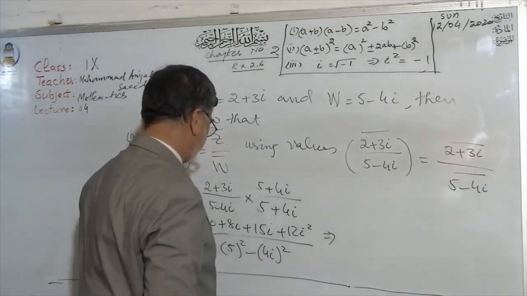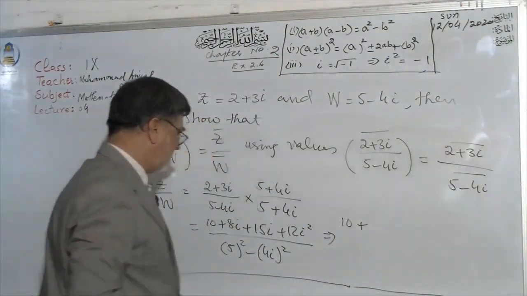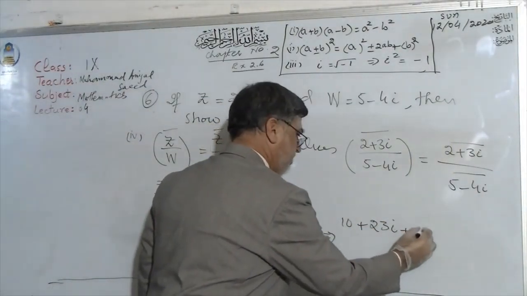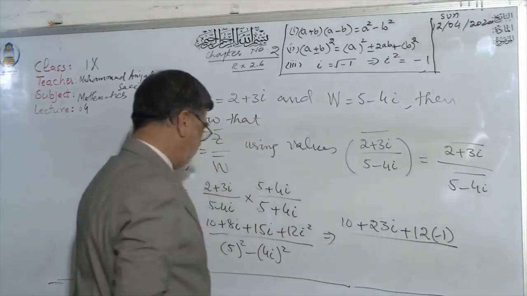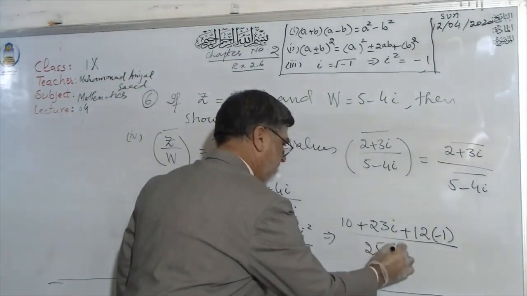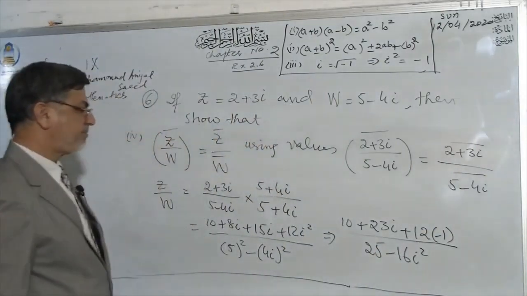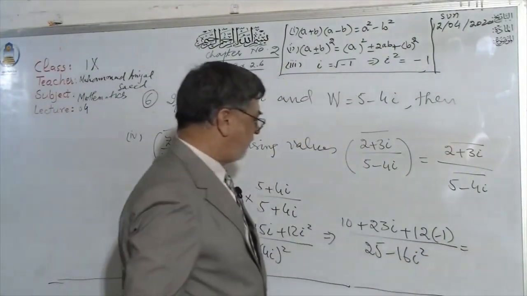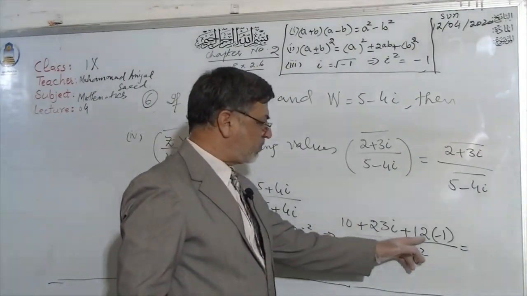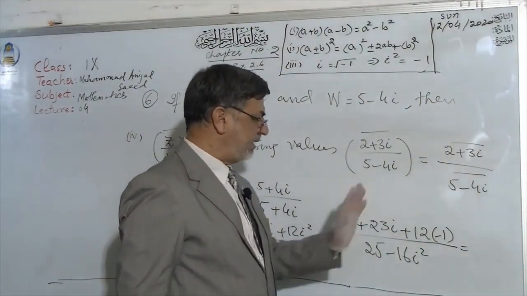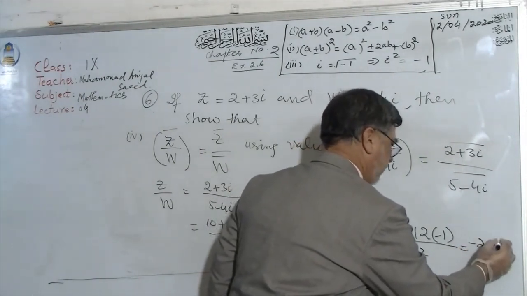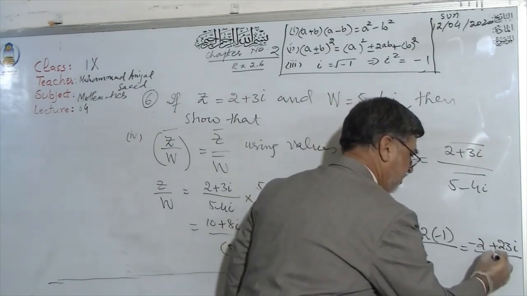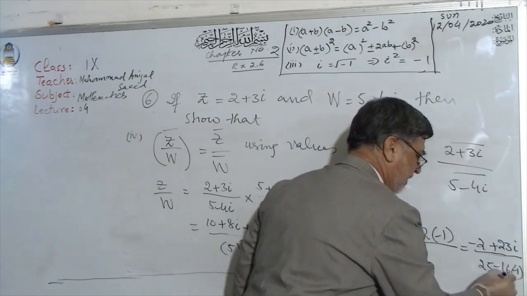Here we have 10 plus 15 plus 8, that is 23 iota, plus 12 iota square, whose value is minus 1, over 25 minus 16 iota square. Here you have 10 minus 12, real and real, it will be minus 2 plus 23 iota divided by 25 minus 16 into minus 1.